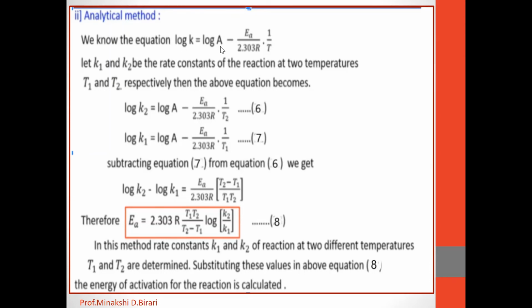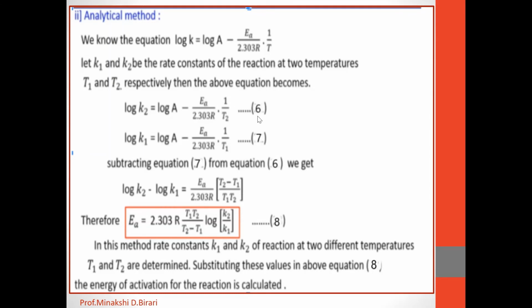Then the above equation becomes log K2 is equal to log A minus EA upon 2.303 R into 1 upon T2. This is equation number 6. And log K1 is equal to log A minus EA upon 2.303 R into 1 upon T1, where K1 and K2 are the rate constants of the reaction and T1 and T2 are two temperatures respectively.